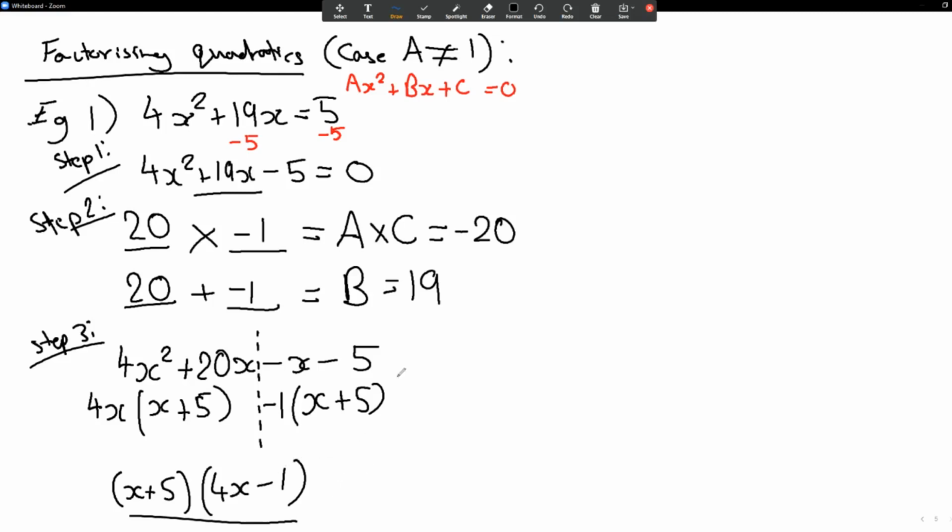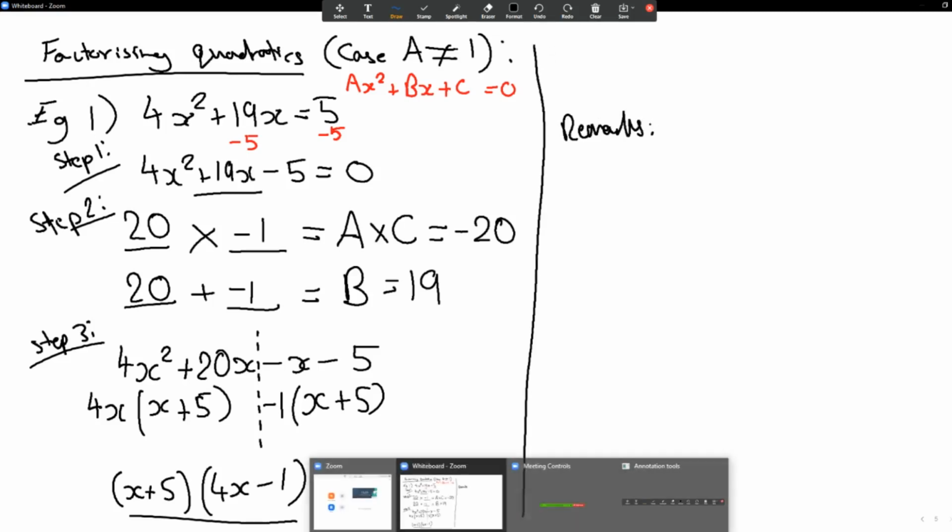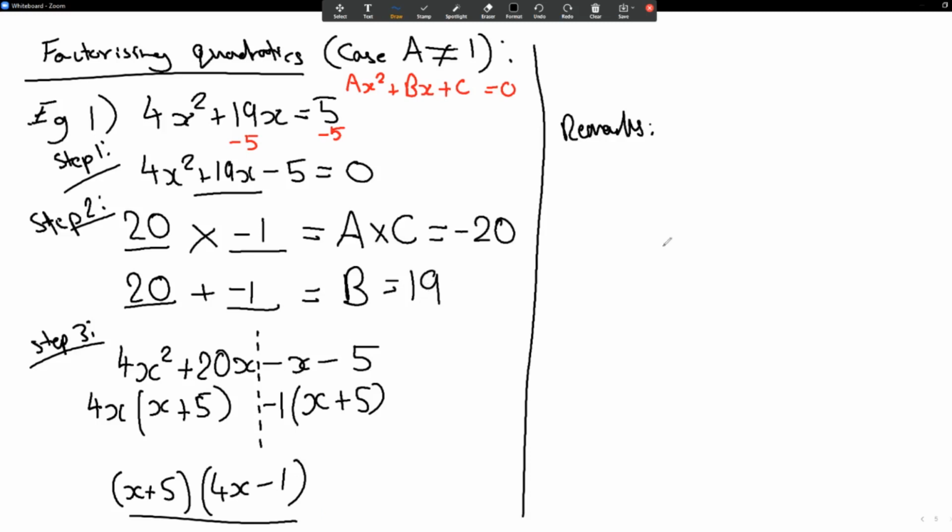Just a few remarks about this method, because it can be quite complicated. First off, you don't have to order it in this way. In this case, you could also order it like this, which is just the opposite order of this here.